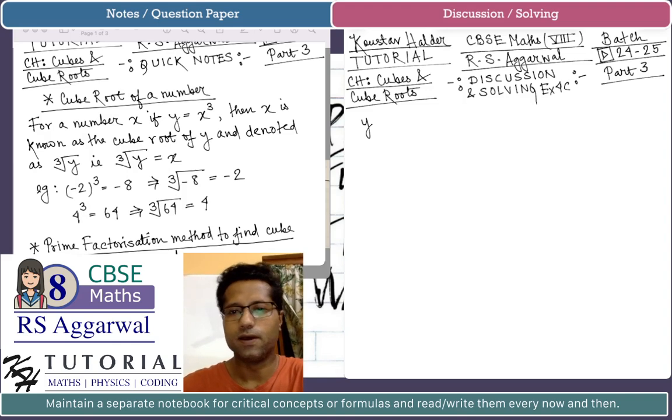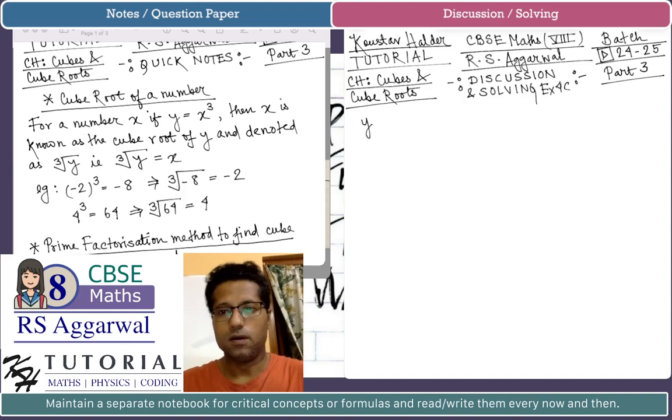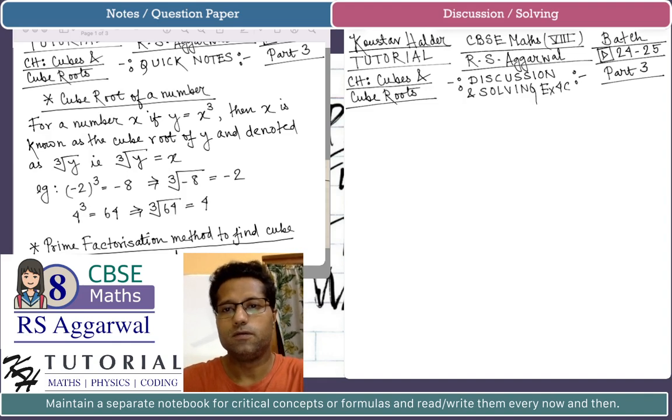The cube root of a number y is denoted by the symbol. First, let's discuss the notation.